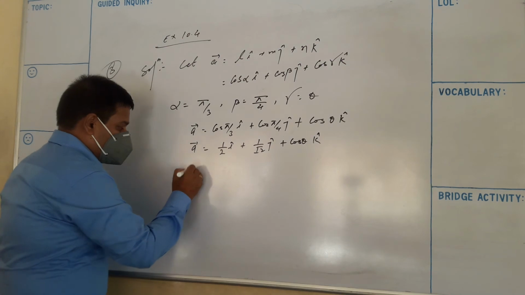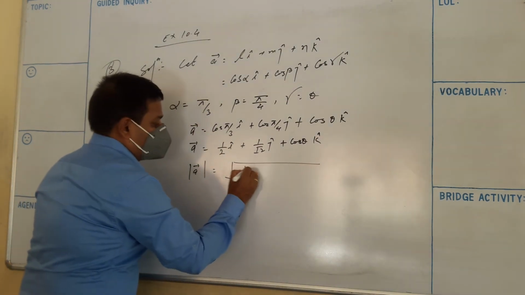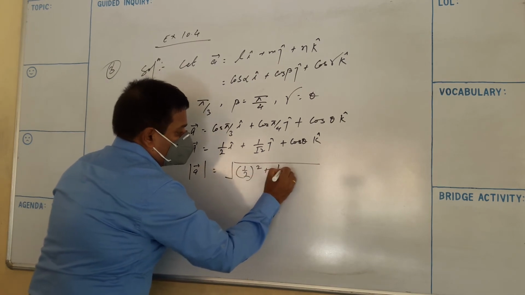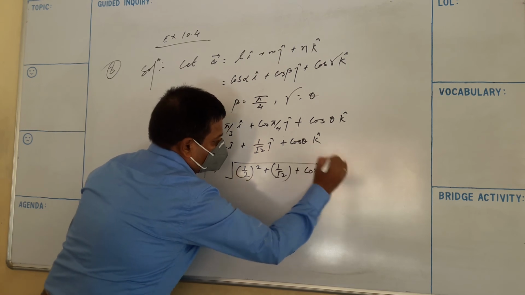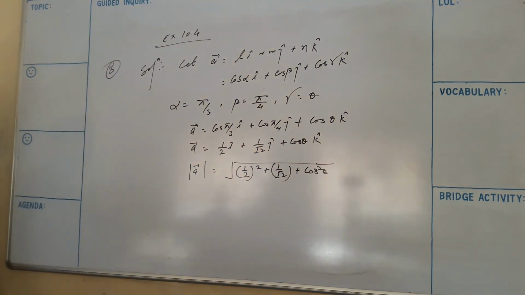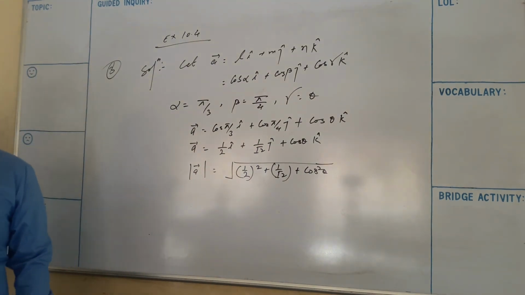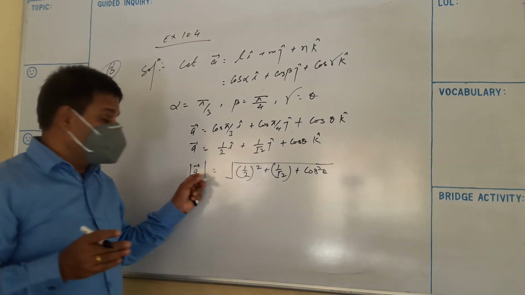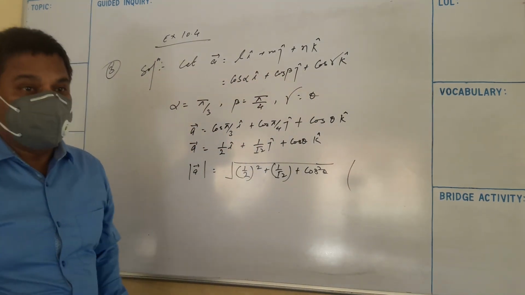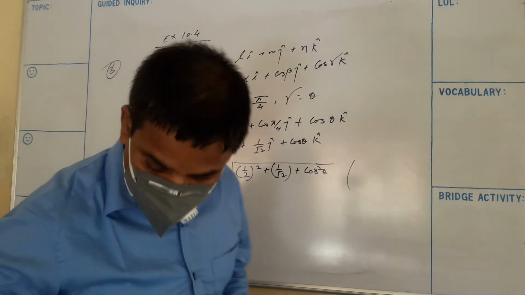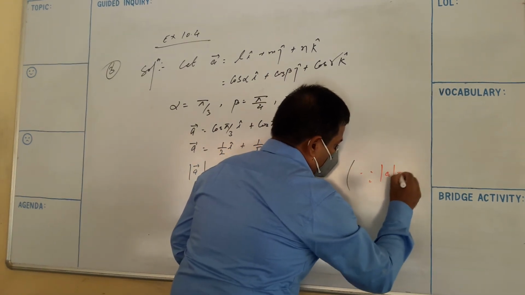So now taking the mod of vector A is equal to square root of 1 by 2 square, 1 by root 2 square, cos square theta. Any doubt? So since A is a unit vector, what is mod of vector A? 1.